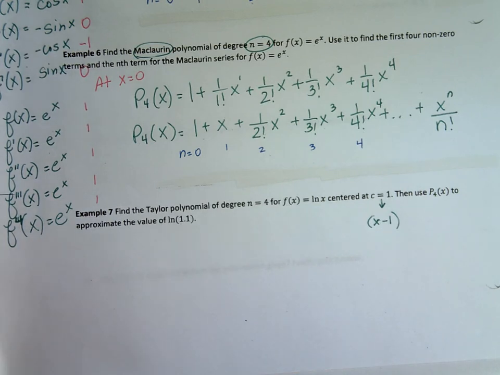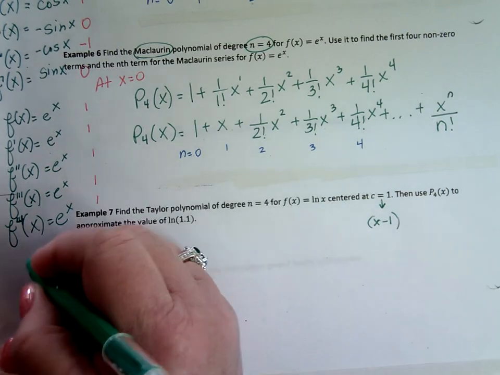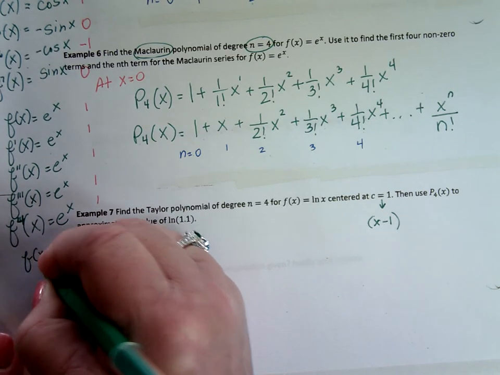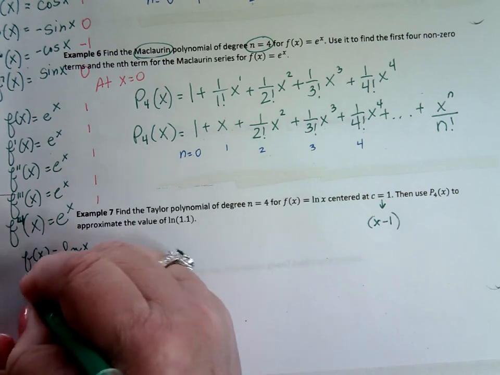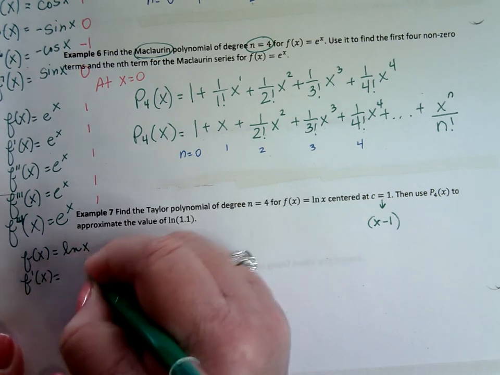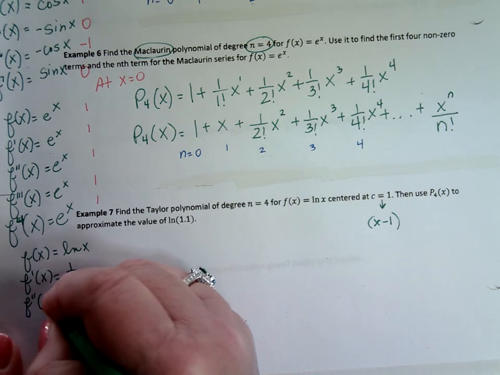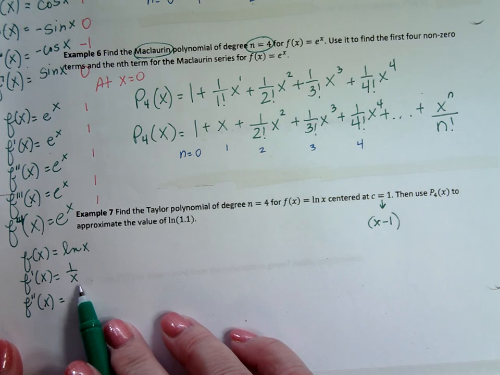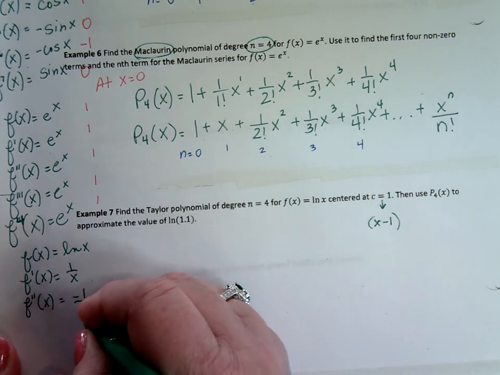All right, so let's go for derivativing over here. We need 4 derivatives for the ln of x. My function is the ln of x. First derivative of ln of x is 1 over x. Second derivative is, this is like x to the -1, so the -1 would come down, and it would be -1 over x squared.